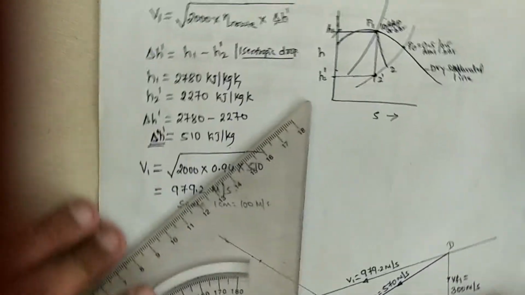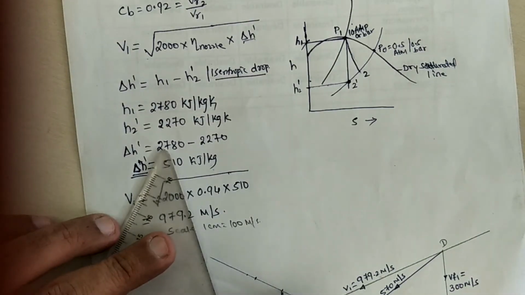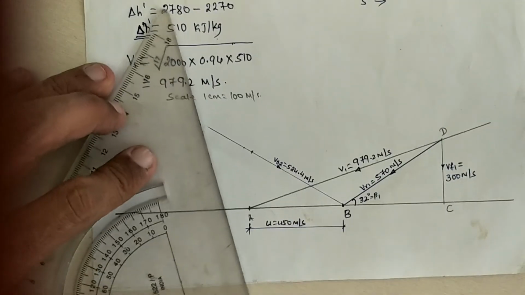So this is VR2, which is equal to 524.4 meters per second.